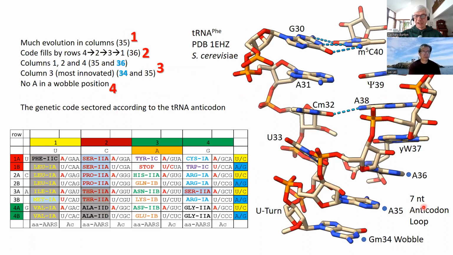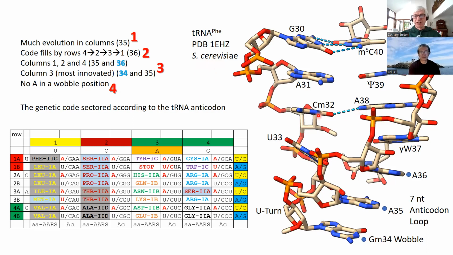And so here it is. These 7 are the anticodon loop. And here you have an A and a C. The C is methylated, but that's because this is a tRNA from brewer's yeast in this case.